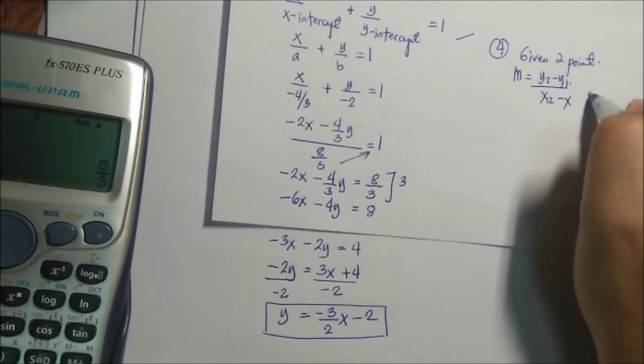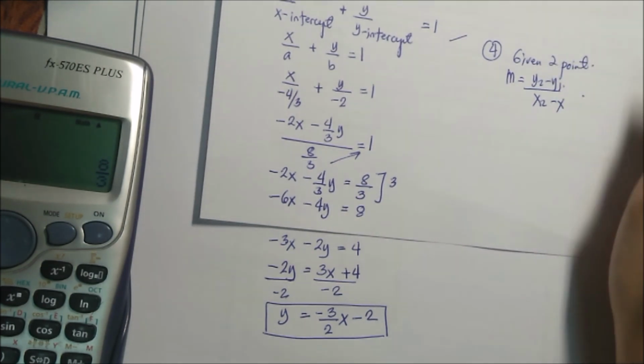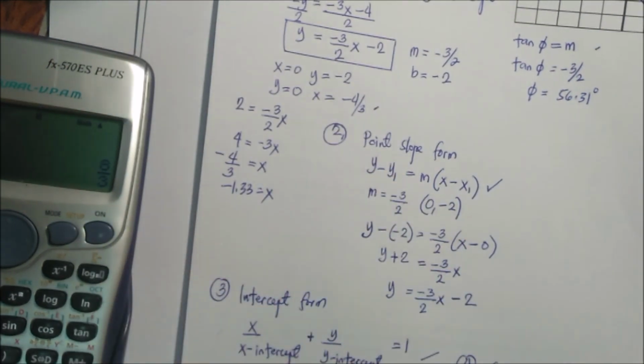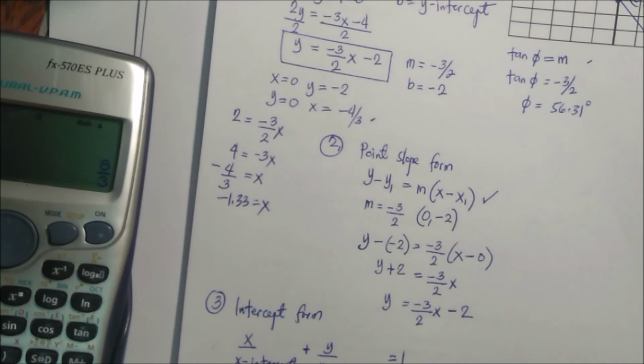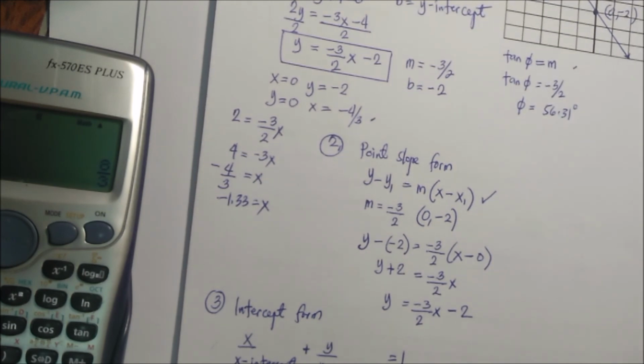Then when you have the slope, you can use either of the points, and use the point slope form. Okay, so these are the equations of line. We can use these for any problems in the board exam.